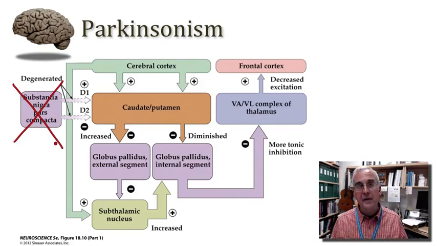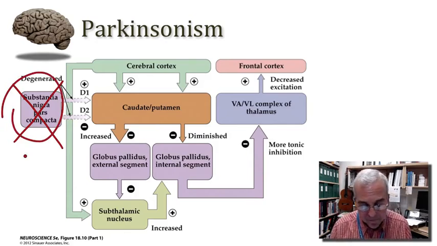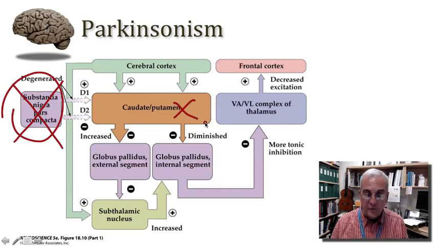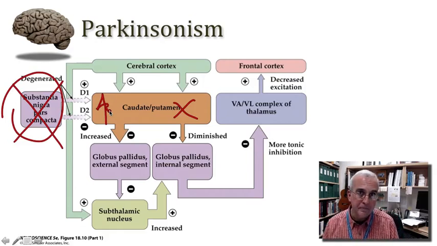So let's look at the circuitry of the basal ganglia and consider the consequences of losing this input from the substantia nigra pars compacta. What we would find is the inability to facilitate the activity of the direct pathway and the inability to suppress the activity of the indirect pathway.